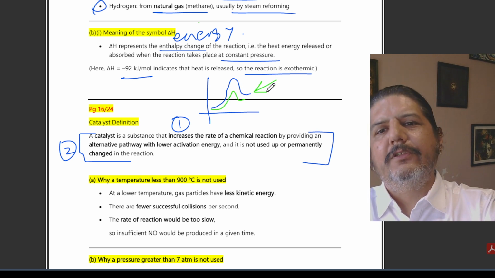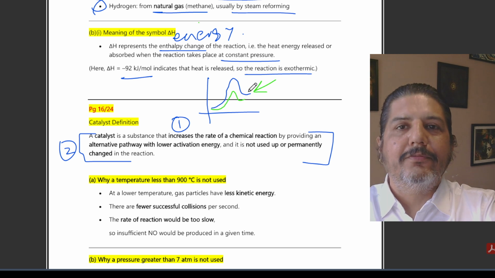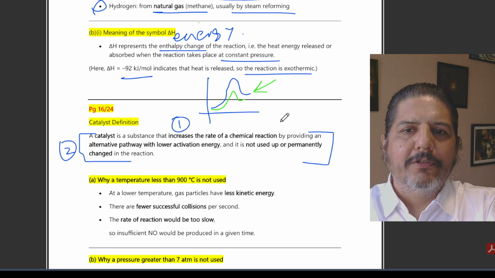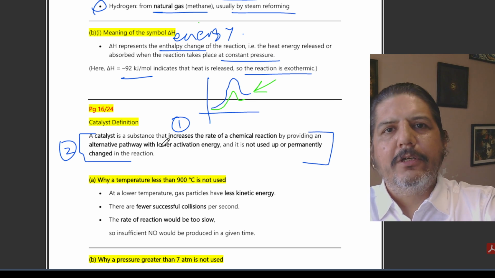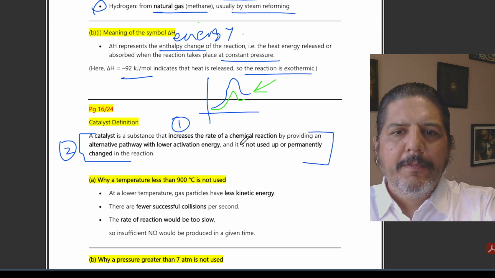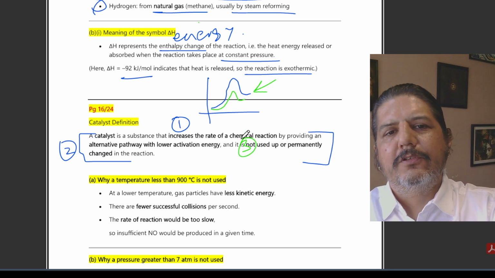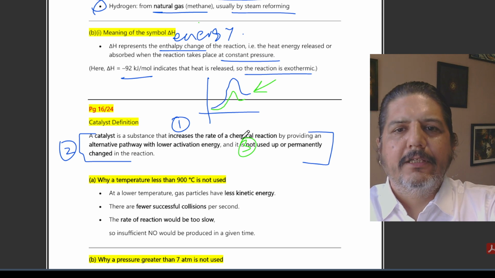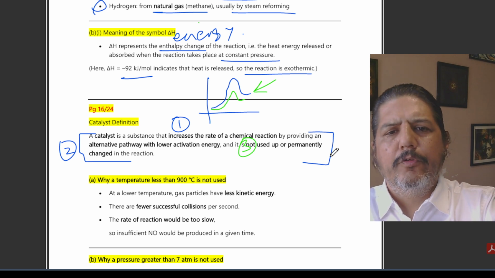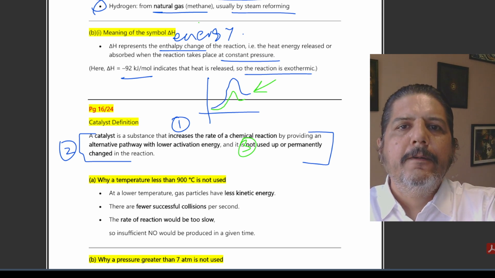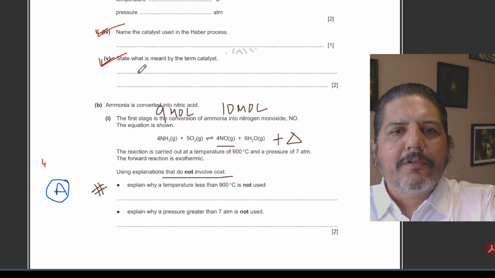You would have seen such a graph in your textbook, so please refer to that. The third thing is it is not used up or permanently changed in the reaction. So this is what a catalyst does, it increases the rate of reaction. I hope this is clear.